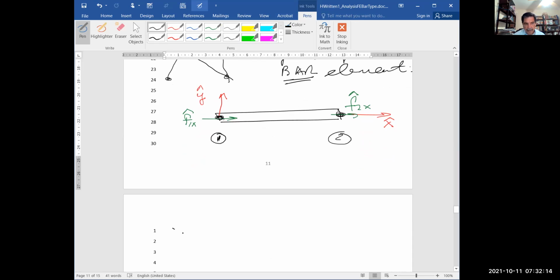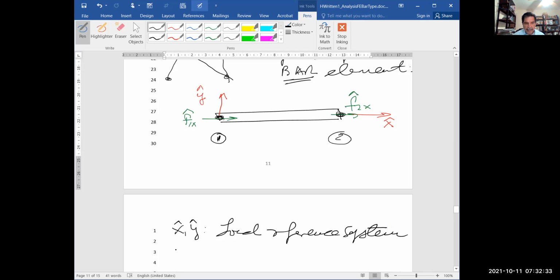We say this is the local reference system, so there is going to be one local reference system for every element.